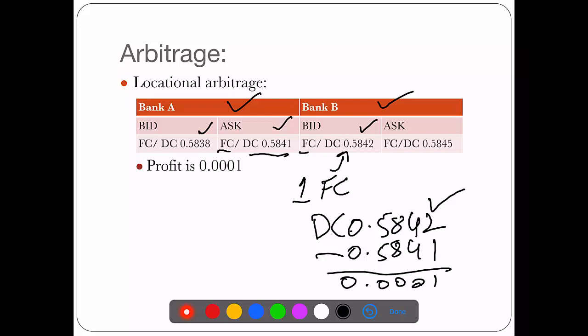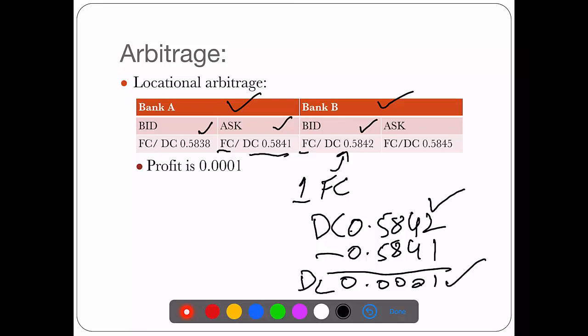Because of the mispricing, the opportunity appears, and the investor or trader right away exploited that opportunity and generated a risk-free profit, because in both transactions he paid 0.5841 units of domestic currency and bought 1 unit of the foreign currency, and right away sold that 1 unit to Bank B to get 0.5842 units of the domestic currency, thus generating a profit, in terms of domestic currency, of 0.0001.